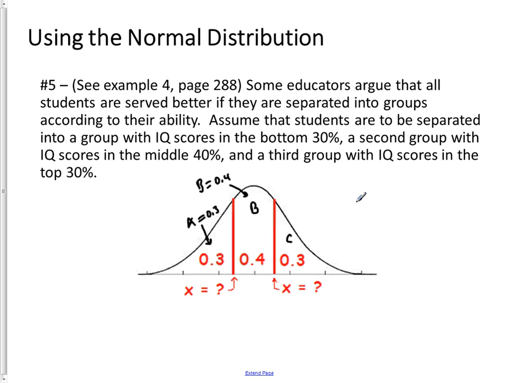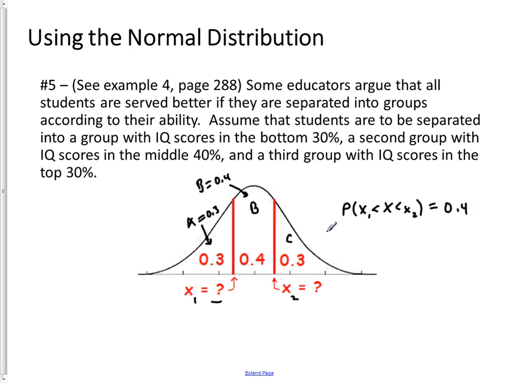But if you remember, what we might have done in the past was look for the probability that x was between, well, we'll call them x1 down here, and x2. We wanted to know that the probability between x1 and x2, whatever those scores were, was equal to 0.4.